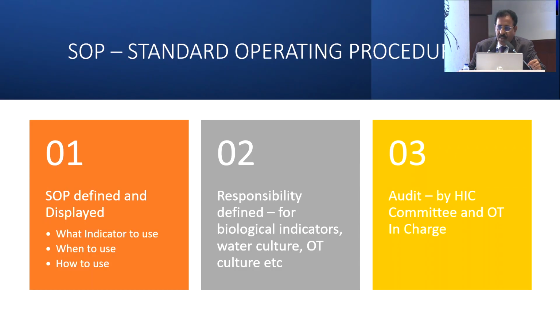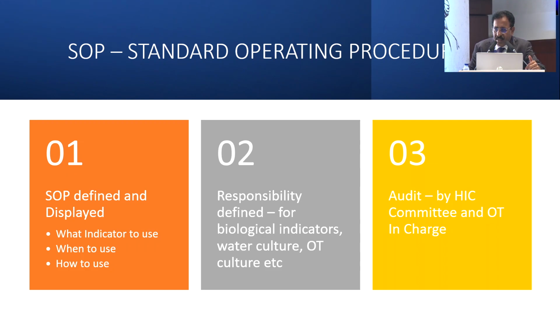In eye centers, we need to have a standard operating procedure for autoclaving and the entire sterilization and disinfection process. This standard operating procedure has to be defined by the hospital. It would vary as per the hospital policy, but it has to be based on national, state, and international guidelines.